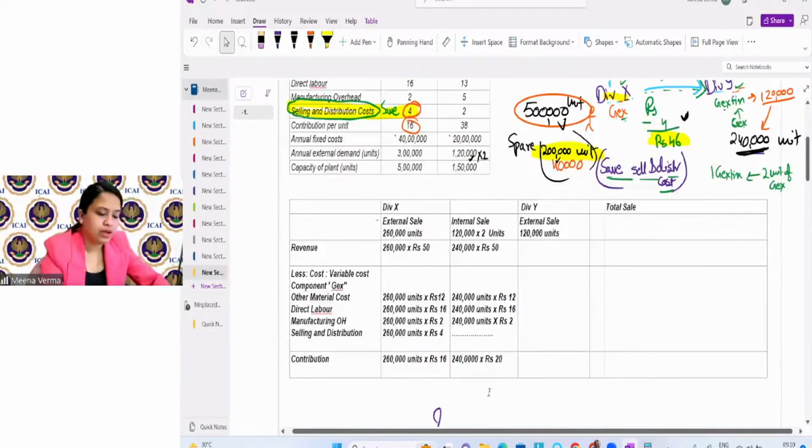Yes, right. If you see here, the contribution will be this. Can you find the profit in both the cases quickly? Can you help me finding the profit in both the cases? We will find the contribution, then we will find the profit, right? Okay. Let me do it quickly.